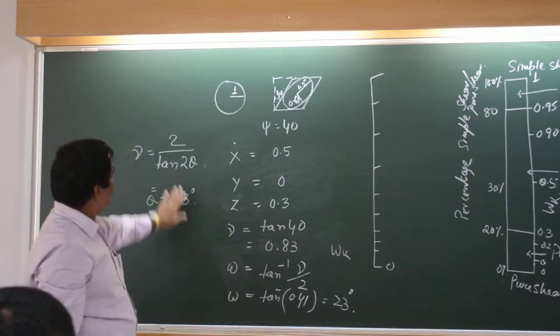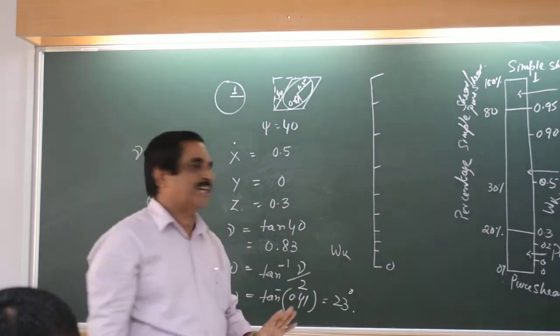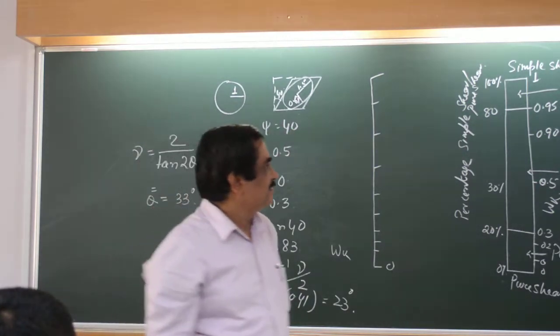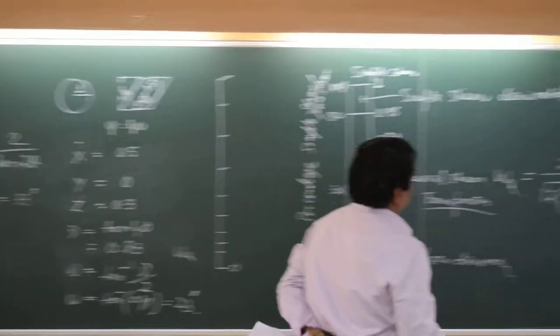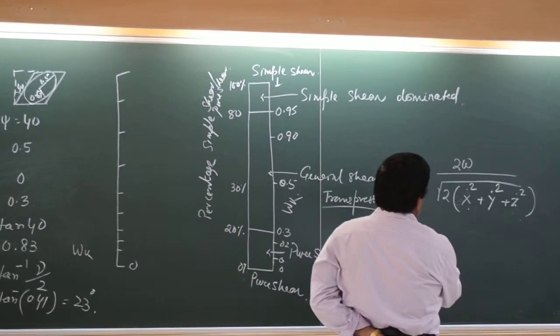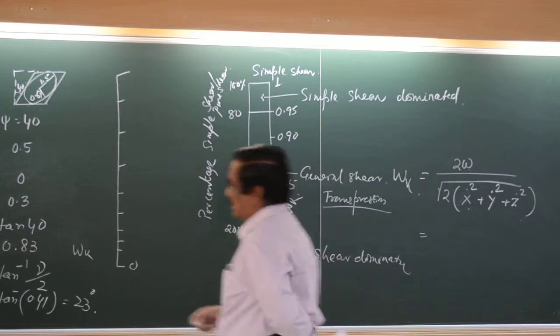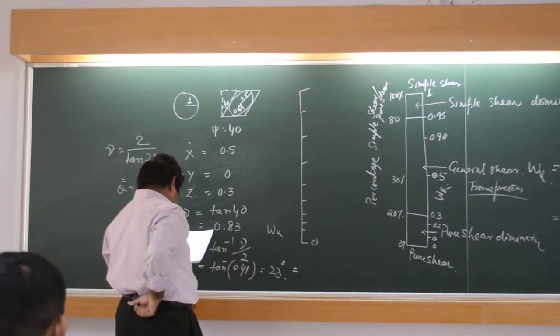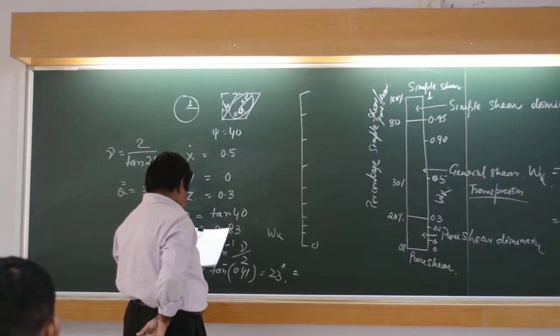You just apply this formula. So all these values you can calculate from this. Then the W value of 23 degrees, how much is that in radians? How much is 23 degrees in radians?